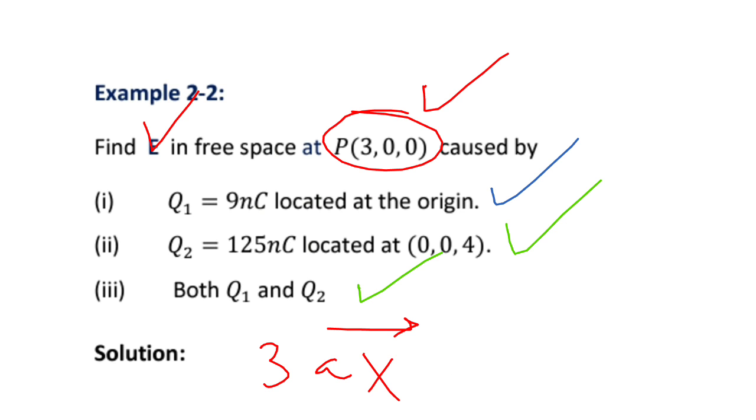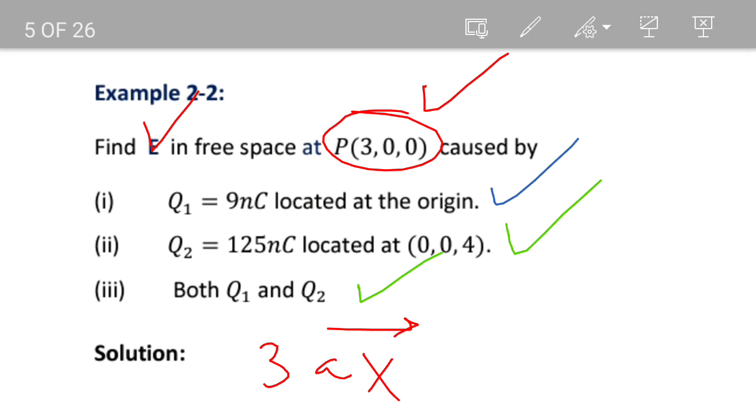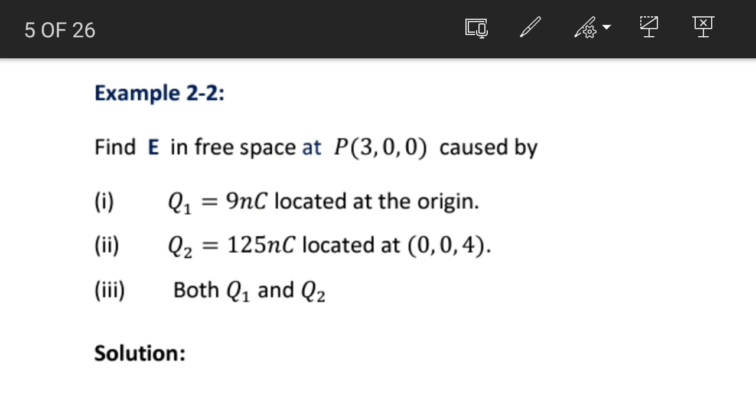Okay. Now we consider the second source. The second source is 125 nanocoulomb, and this one is located at (0, 0, 4). So this point represents the position vector of the source.